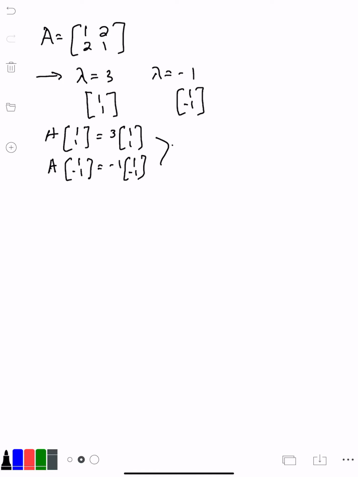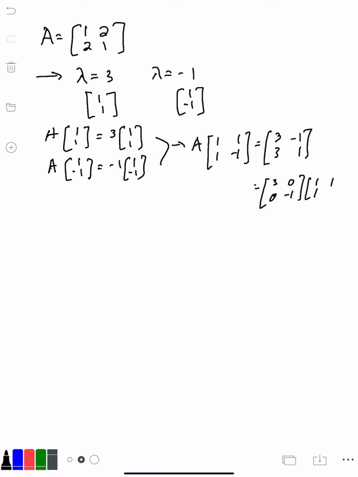And so if I combine these together, then if I do A times the matrix [1, 1; 1, negative 1], I would get [3, negative 1; 3, 1], which is the same as [3, 0; 0, negative 1] times [1, 1; 1, negative 1]. Let's just double check this here.